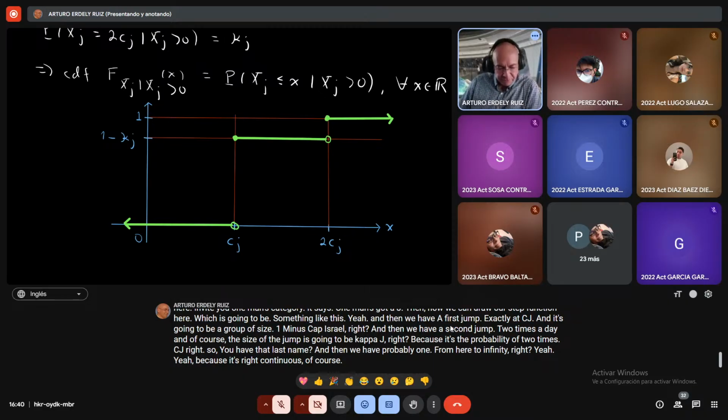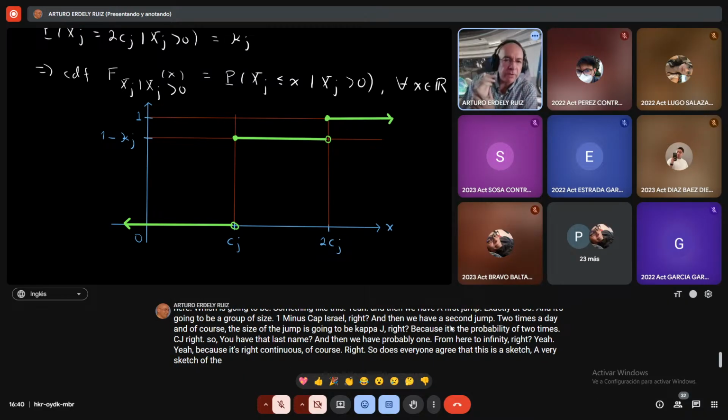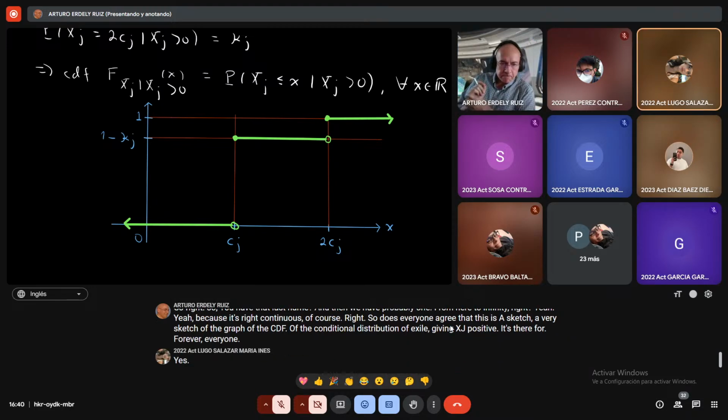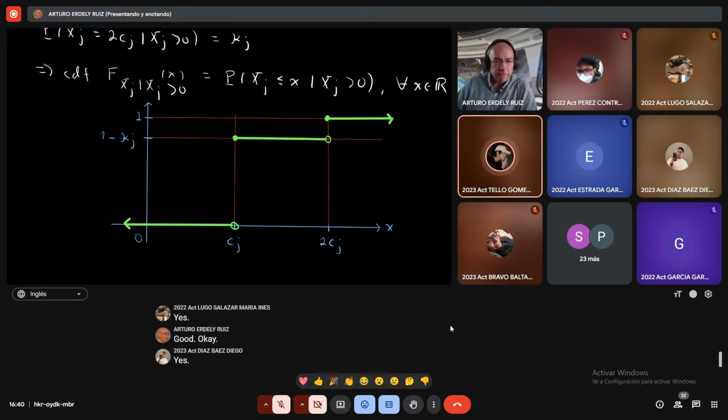And here, right? So does everyone agree that this is a valid sketch of the graph of the CDF of the conditional distribution of xj given xj positive? Is it clear for everyone? Yes. Good? Perfect. I have a new question, but I think it's more in general, not just for the example. Yes, yes.